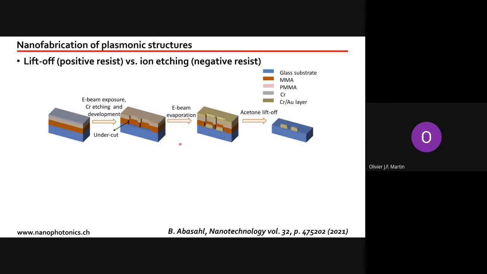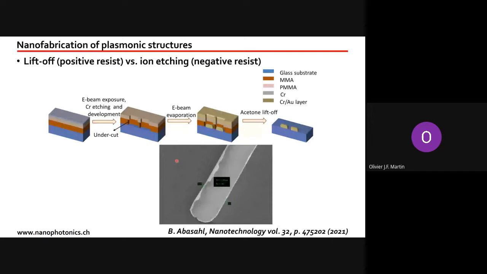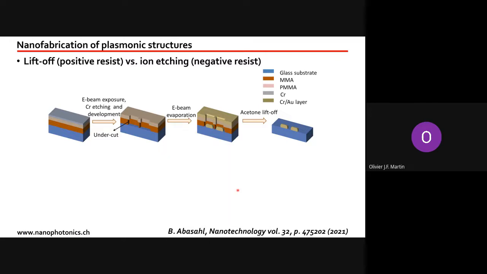If we don't do that, then we risk having the metal being continuous, and when we try to dissolve the photoresist to do the lift-off, we risk tearing apart the metal and having structures that are very poorly defined. So this is the standard technique. We open the photoresist, if you like, and we evaporate the metal at the end of the process.